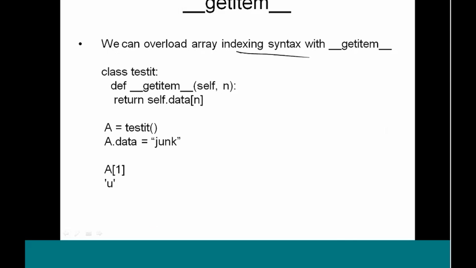We can overload array indexing syntax with __getitem__. How do we do that? We define a class called testit, and then we define __getitem__(self, n), which basically returns self.data and then the nth element.